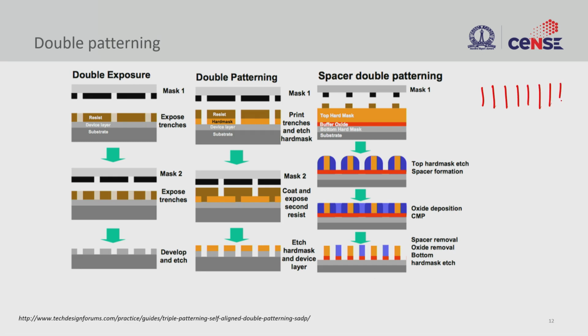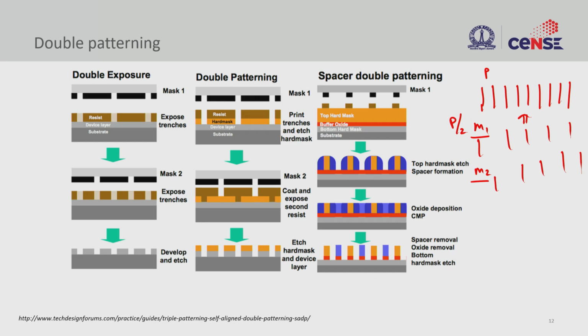I have a very dense pattern, which is beyond my resolution. So what I do is divide this by 2 and make 2 masks. Mask 1 has these patterns and then mask 2 has the interlay. Now if I image M1 and M2 on top of each other, I should be able to get what I want. That is what double patterning is all about.